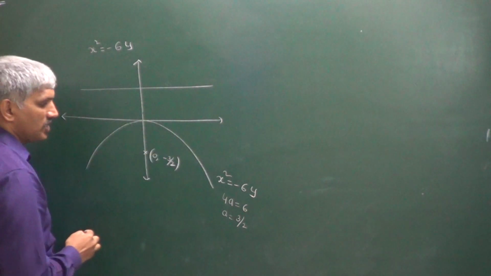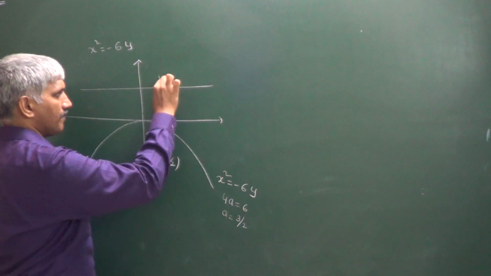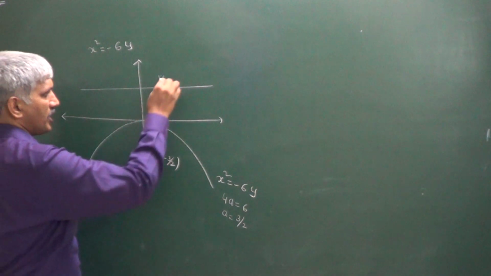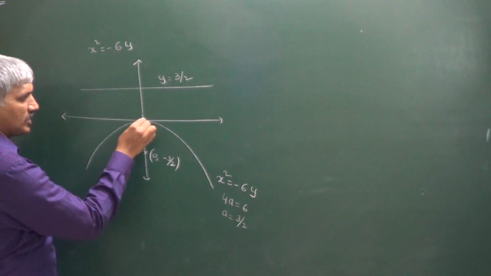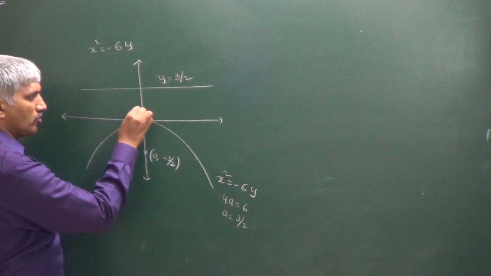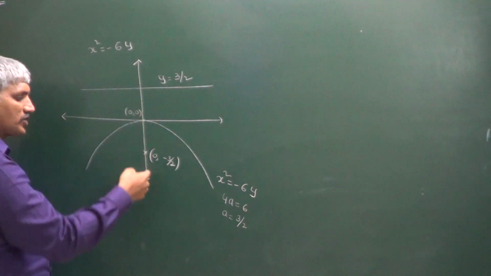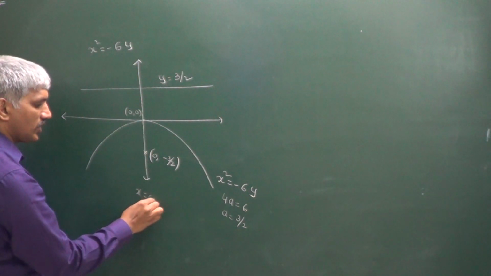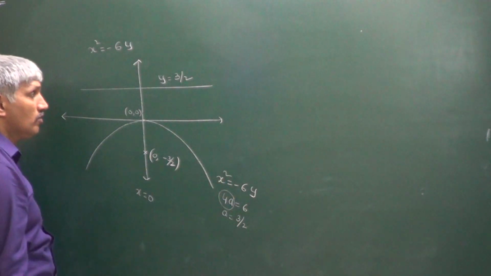The equation of the directrix is y is equal to a, that is y is equal to 3 by 2. The vertex is 0 comma 0 only. The axis here is the y-axis, and its equation is x is equal to 0. The length of the latus rectum is 4a.